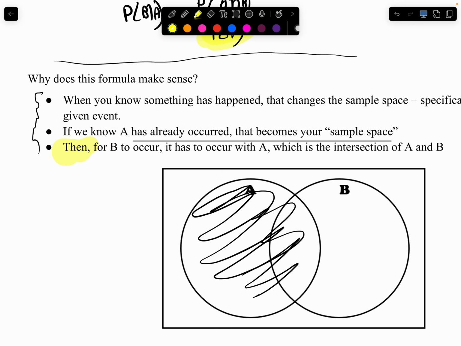Then, if B is going to happen, it's going to happen inside of the A. So it's going to be in here. The B part that is in the A.